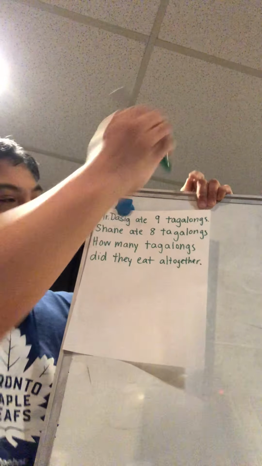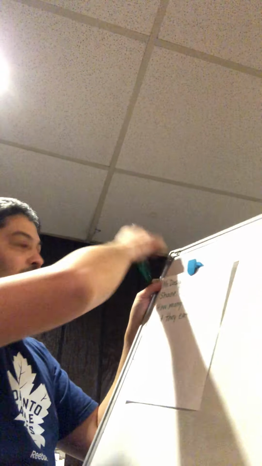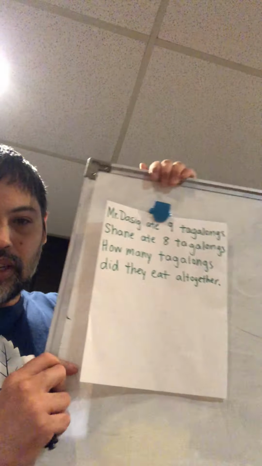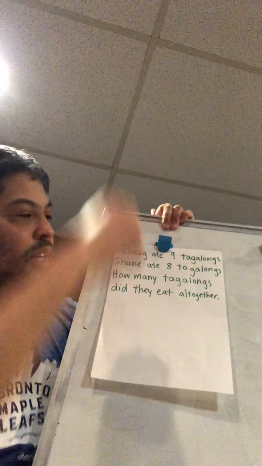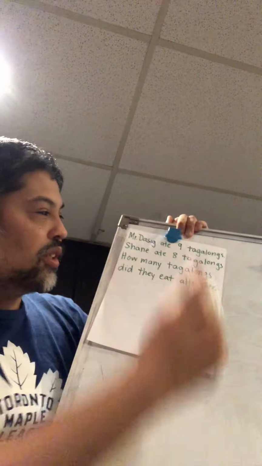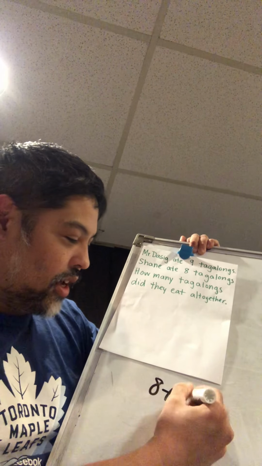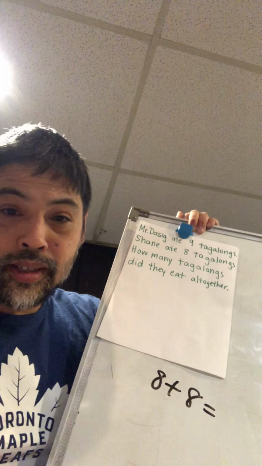Okay? Now, one second. Oop, that's perfect. All right. Okay, so what's great is that 9 and 8, I can use a doubles fact. Okay? One doubles fact I can use is 8 plus 8 equals 16.